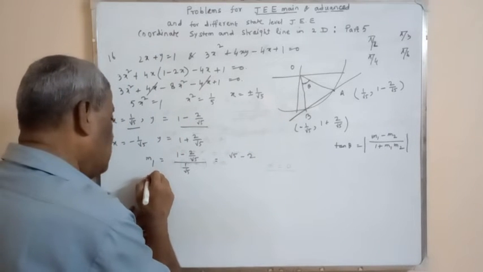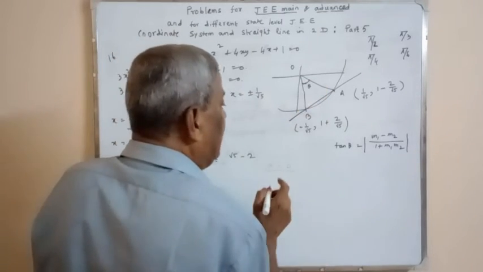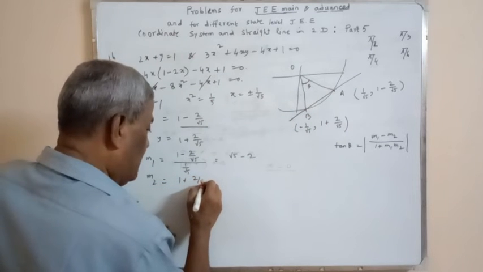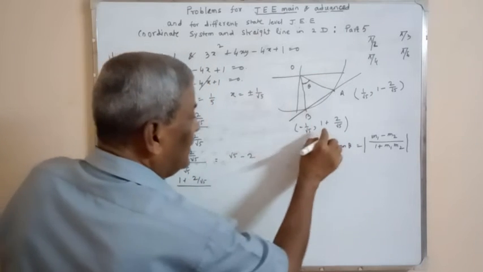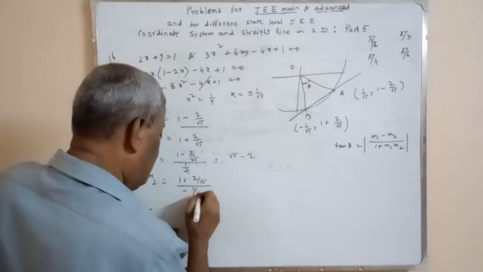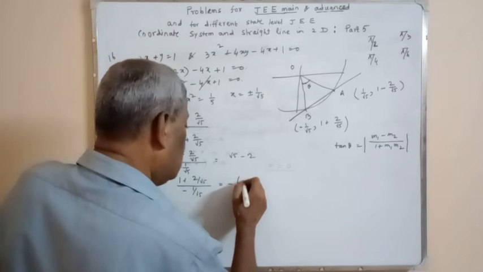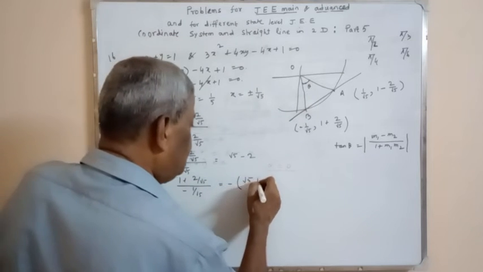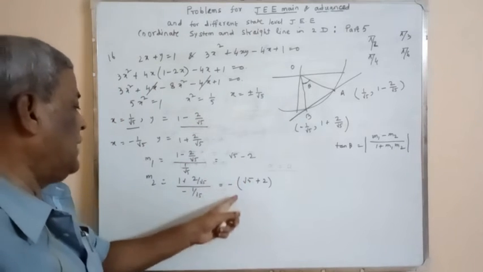Now m2, the gradient of OB, is equal to 1 plus 2 by root 5 minus 0 by minus 1 by root 5 minus 0. It is equal to minus of root 5 plus 2. So m1 is this, m2 is that.